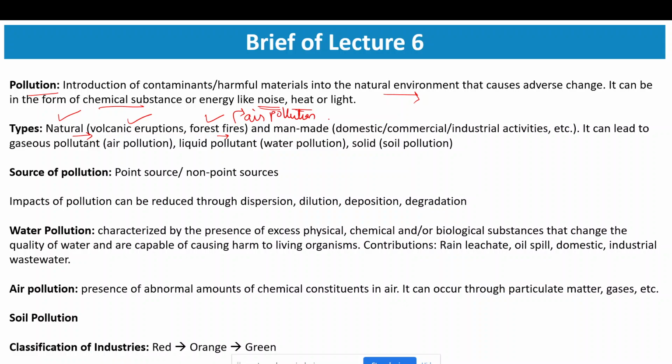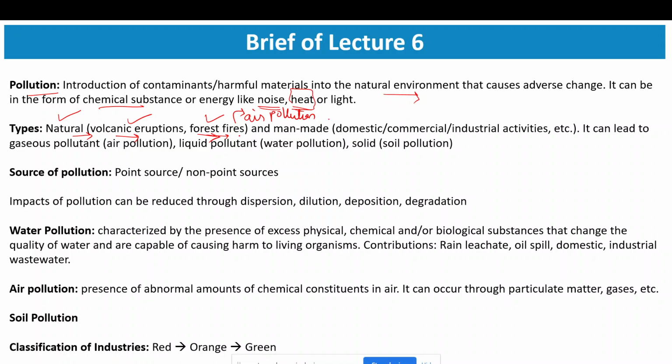Similarly, in volcanic eruptions there will be similar air pollution, and there will also be lava, and heat generated, so nearby there will be some change in the temperature. This is how heat or temperature change is also a kind of pollution.